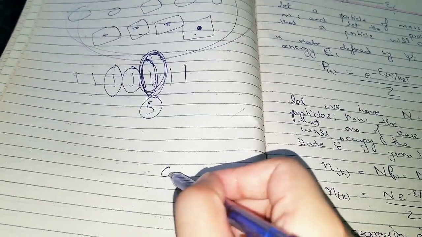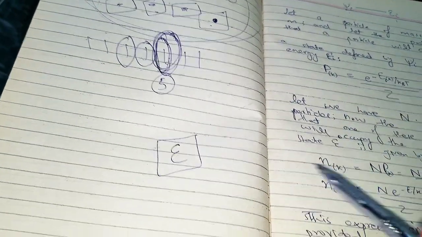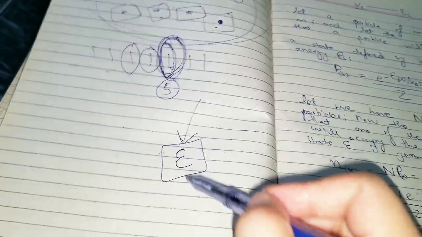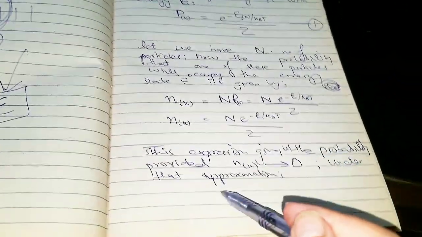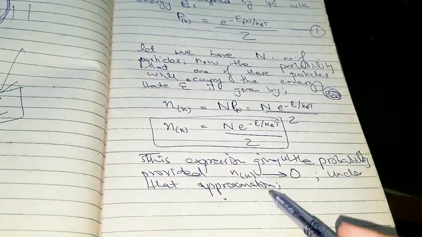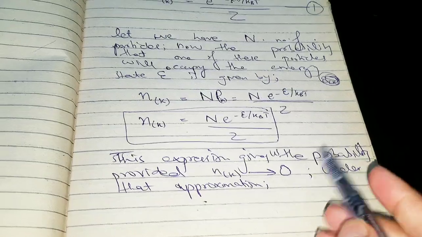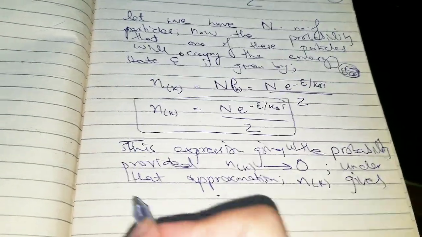On average, in an energy state, let's say E, how many particles will occupy it, that is what we are talking about. And if that approximation holds, this probability gives us the average number of particles. N of k gives us the average number of particles.